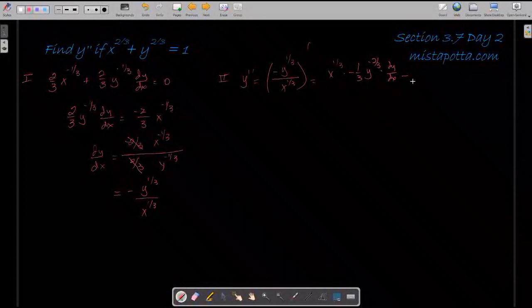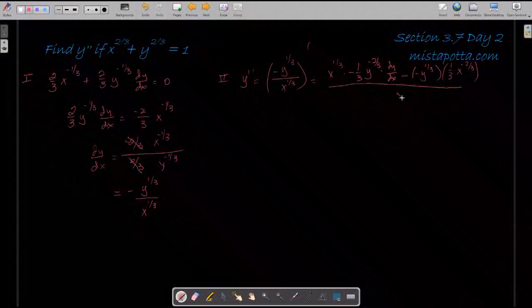minus my numerator, which is negative y to the 1/3, times the derivative of the denominator, which should be 1/3 x to the negative 2/3, all divided by my denominator squared, which would be x to the 2/3.